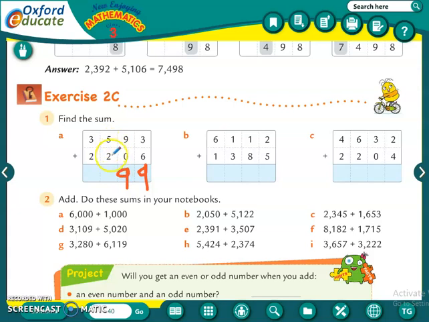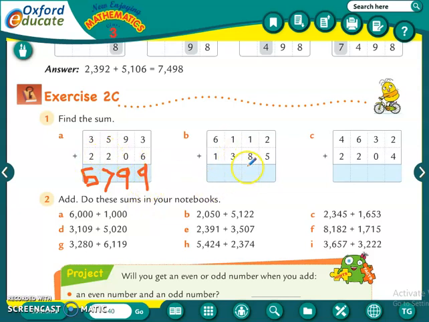Then 5 plus 2, 7. And 3 plus 2, 5. So the answer is 5799. This is the answer for A.